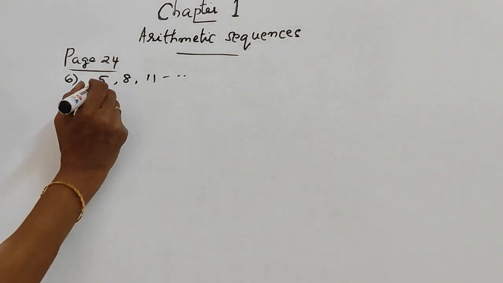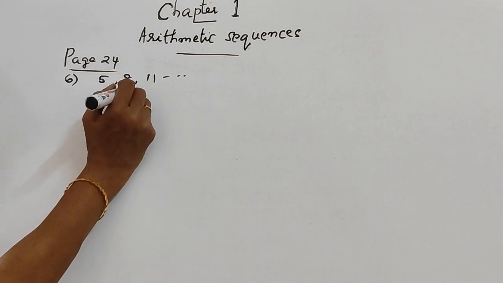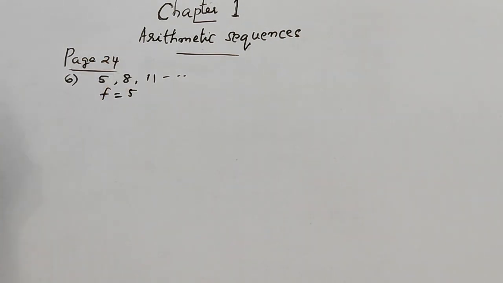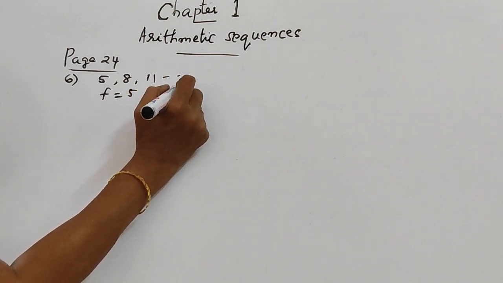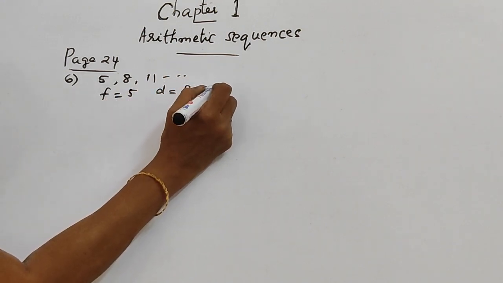The first term is 5. In this type of question we have to find xn. The common difference d is 8 minus 5, which is equal to 3.